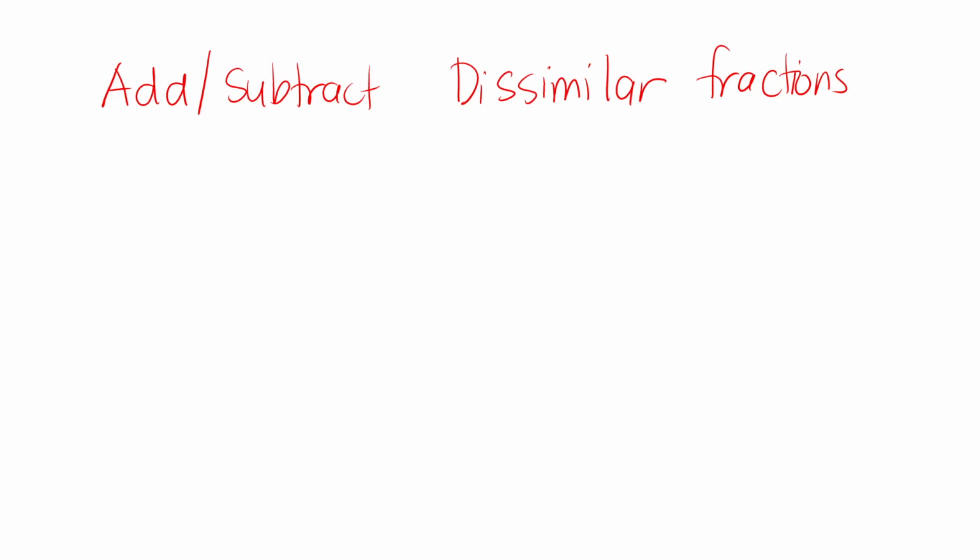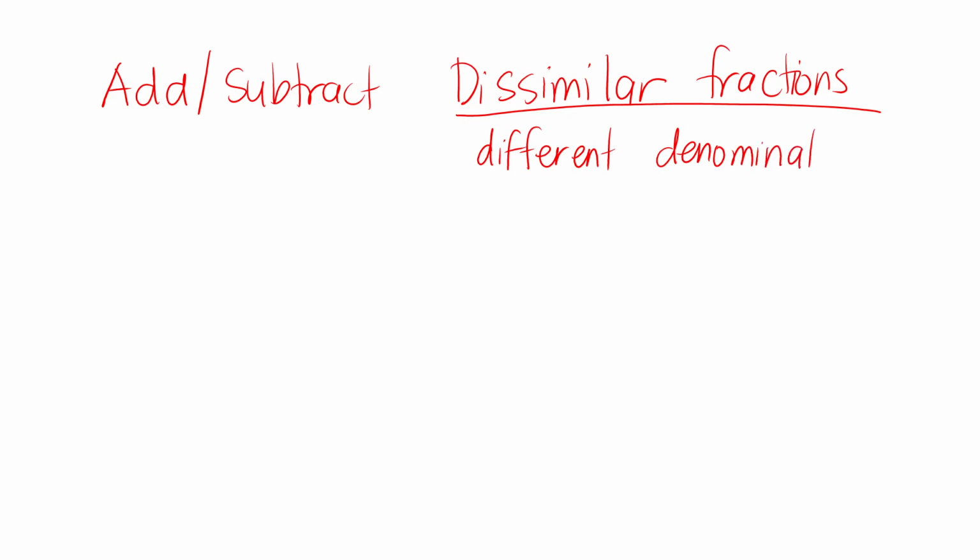Dissimilar means different denominators. So this time we can't add or subtract directly. There is something we need to do before we add or subtract.